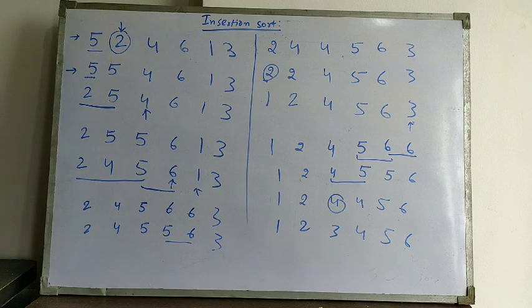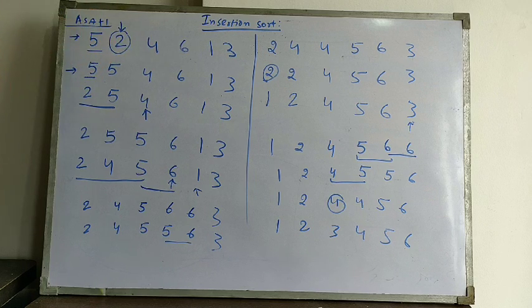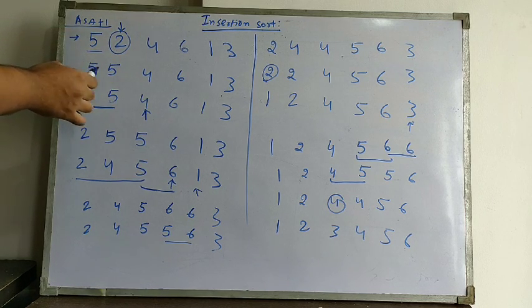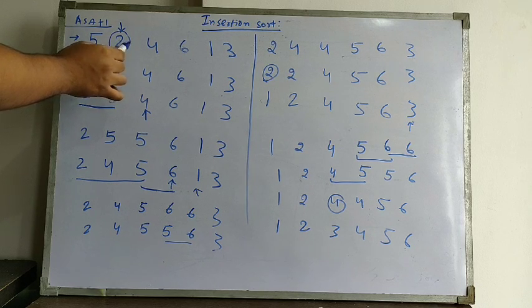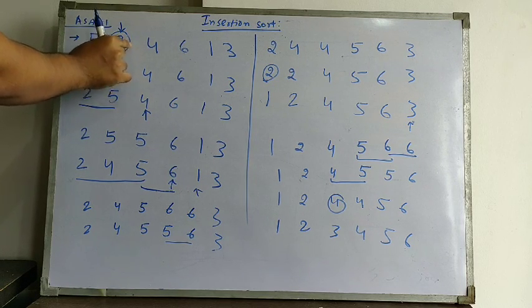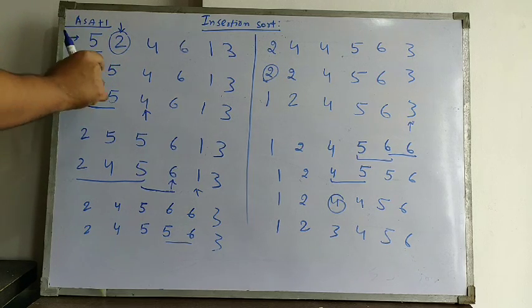The size of the new sorted array will be the already sorted array plus 1. It can be anywhere, so for this I will shift this element to its right. After putting this element into its exact location, the new size of the array will be 2.